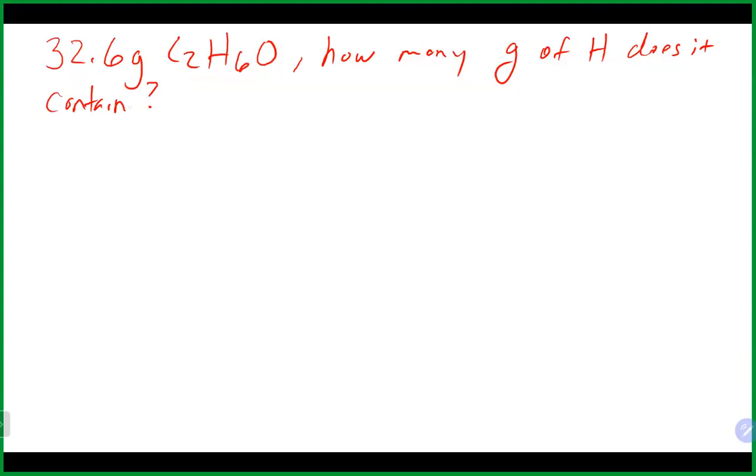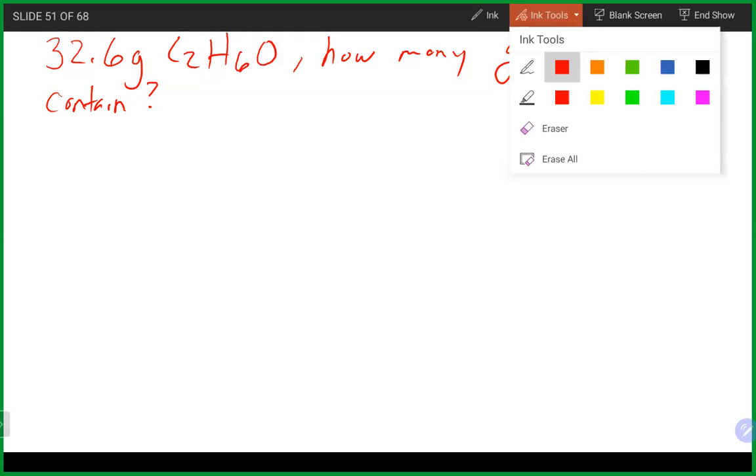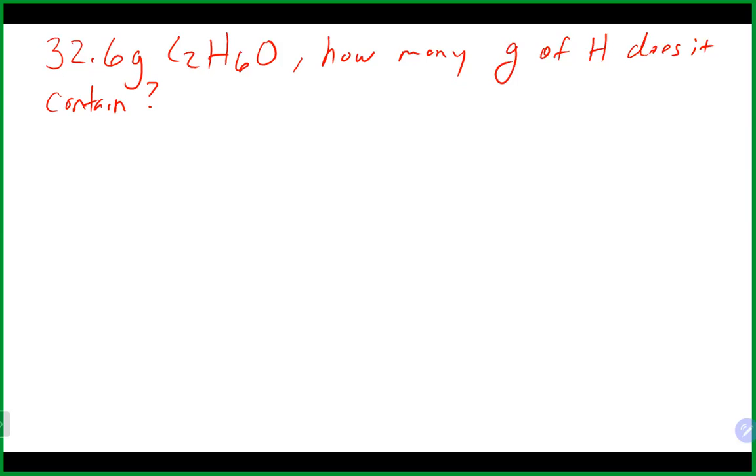So in this particular problem here, we're actually not interested in the entire compound there, the C2H6O. We're actually just interested in the hydrogen part. So we do need a way to kind of go from the whole thing to just the hydrogen part.